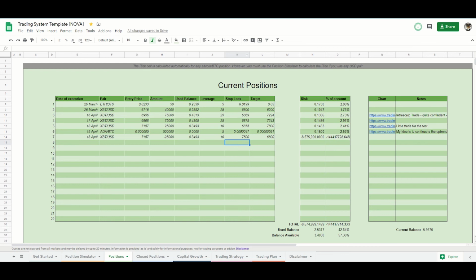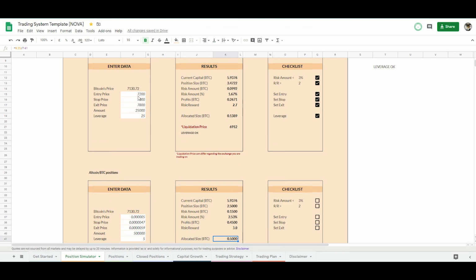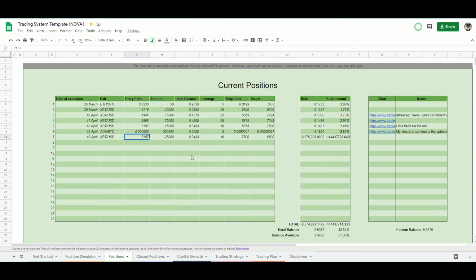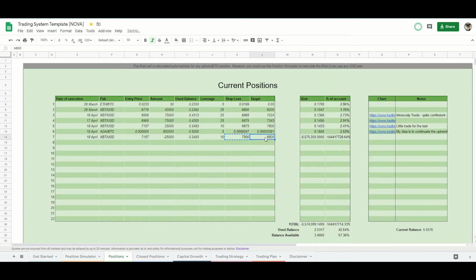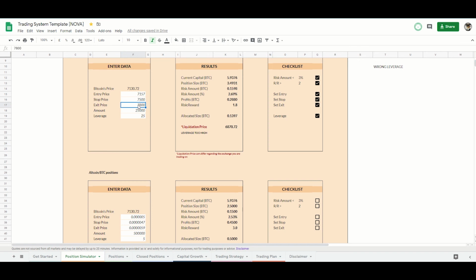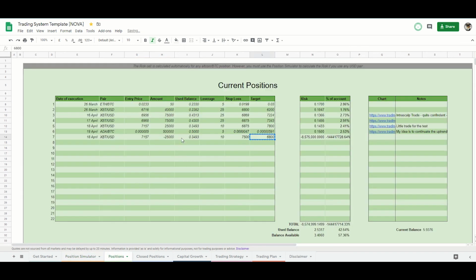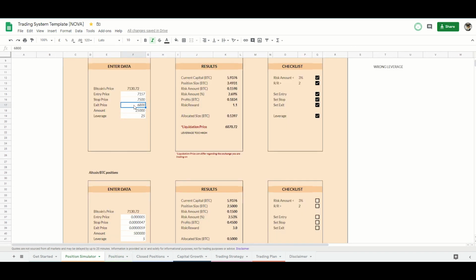So what you need to do is to go to the position simulator, calculate everything and copy paste it here. So what I'm going to do right now is to do it. I'm going to do it quick so you don't have to wait. And the amount. All right.